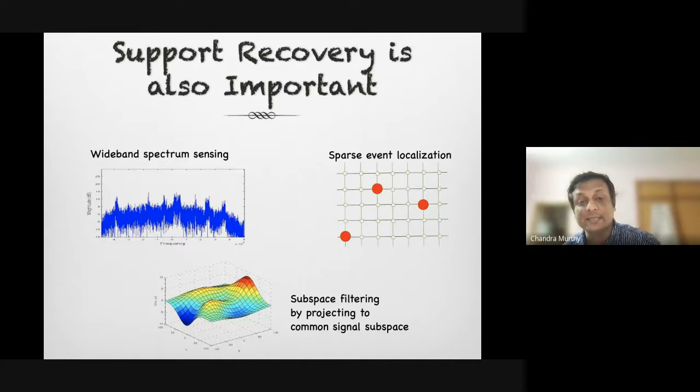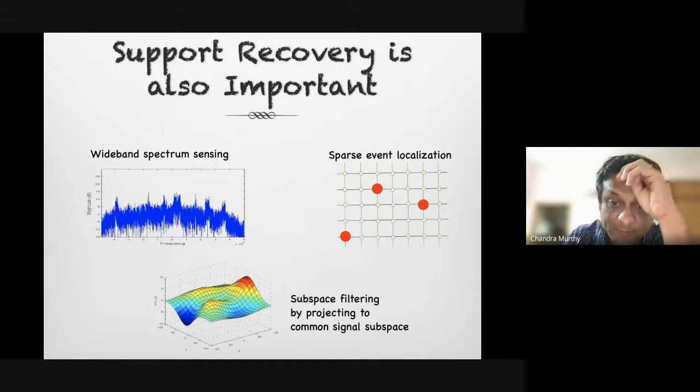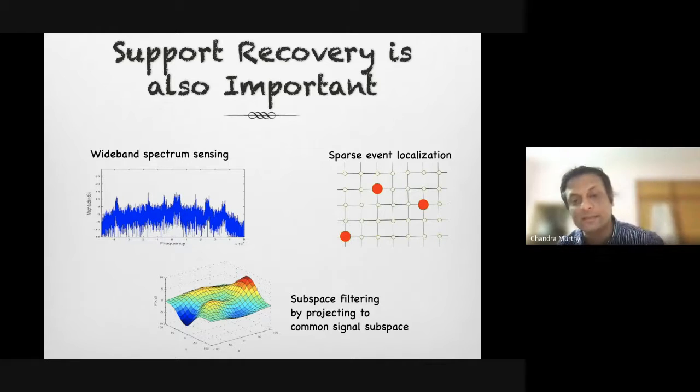In this case, again, support recovery is what you use for identifying the locations, those red dots, to know where the sensors are located. And similarly for subspace filtering, by projecting the signal onto a common signal subspace.